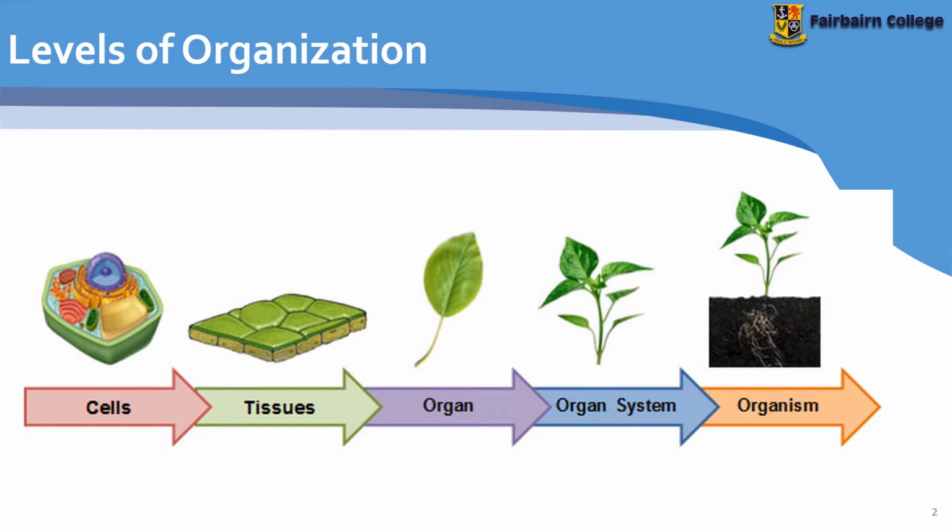And then we moved on to look at the specific tissue types found in plants. So how are these cells specialized for very specific functions in plants? And we refer to those specialized cells as tissue. And now we're going to go another step further, and we're going to see how these tissues are combined to form what we refer to as organs.